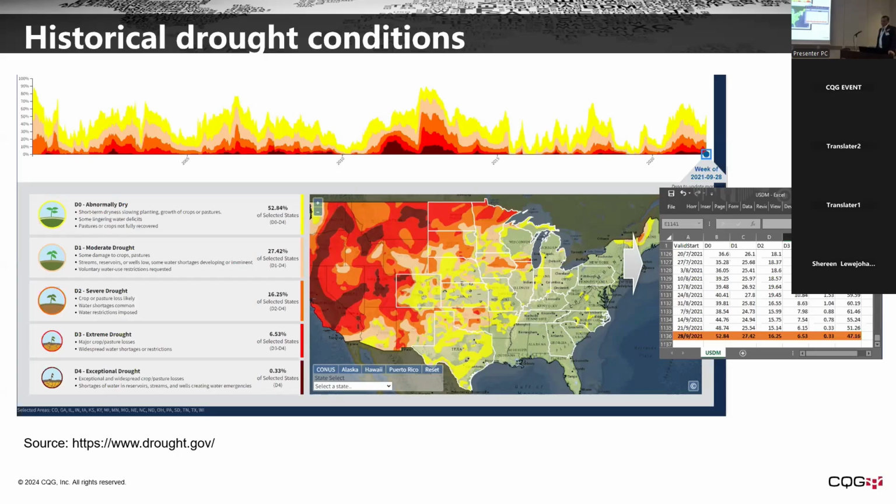And it gives quite detailed information, especially for the region where you want to get the data from, the level of drought that particular region or area is affected by.